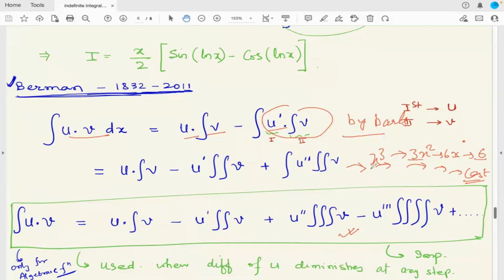So its power decreases at each single step by 1, right?